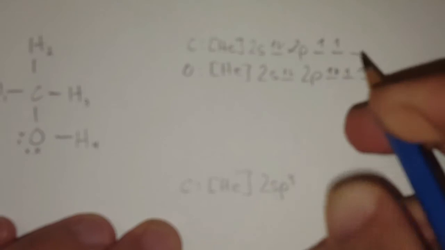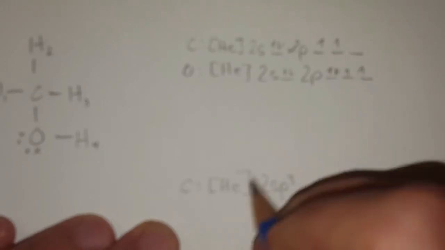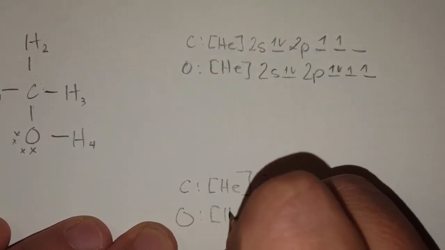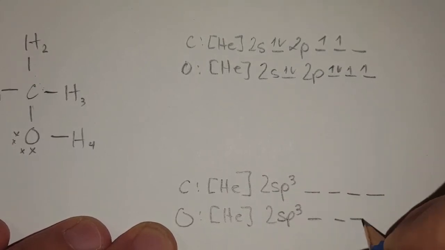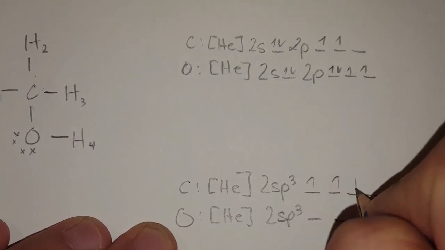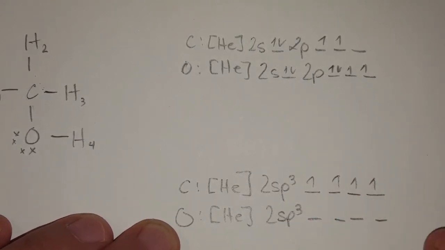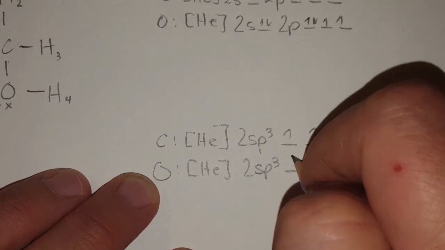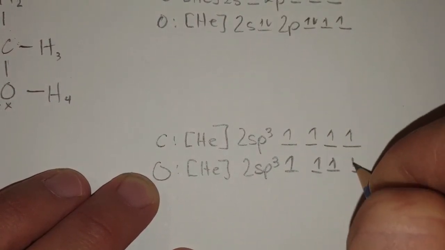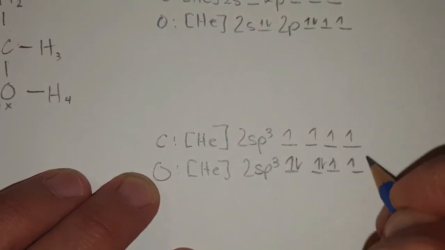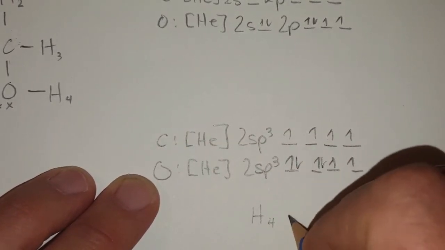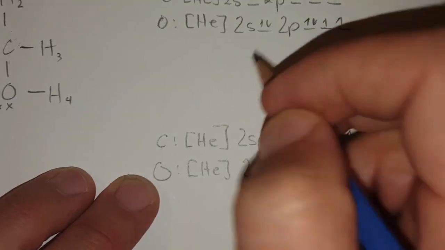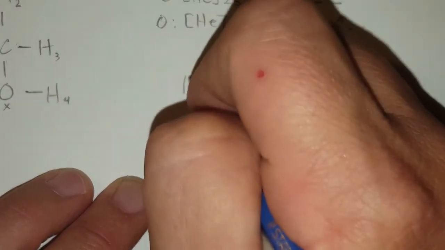So they'll both hybridize to an sp3. Carbon will have 1 electron in each of the hybrid orbitals. Oxygen will have 2 of them with 2 electrons and 2 with 1. And then I'll place my hydrogens around.